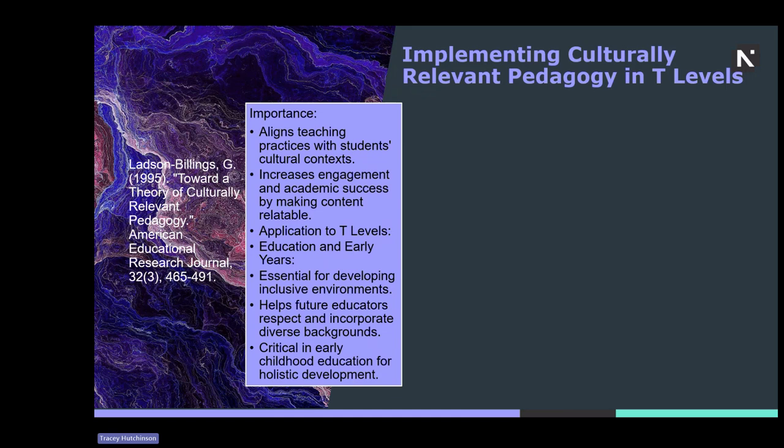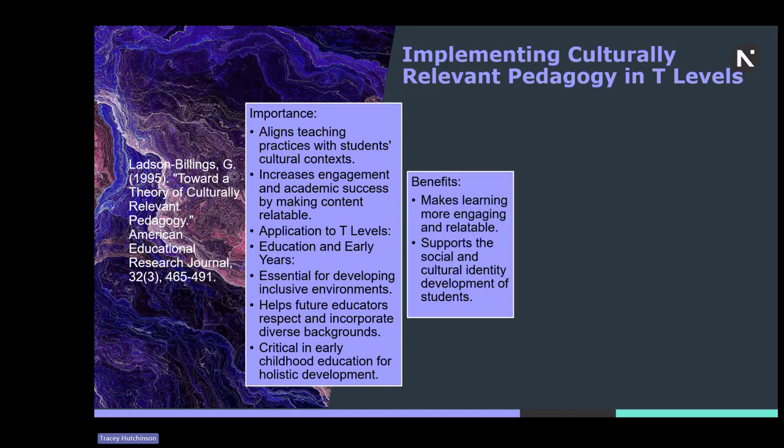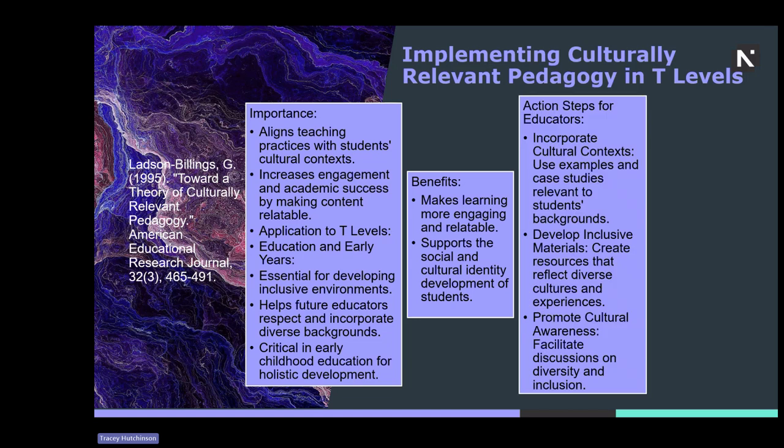To implement these principles effectively, educators can take several key actions. So they can incorporate cultural context: use examples, case studies, and teaching materials that resonate with the diverse backgrounds of students. This practice helps make learning more relevant and engaging.